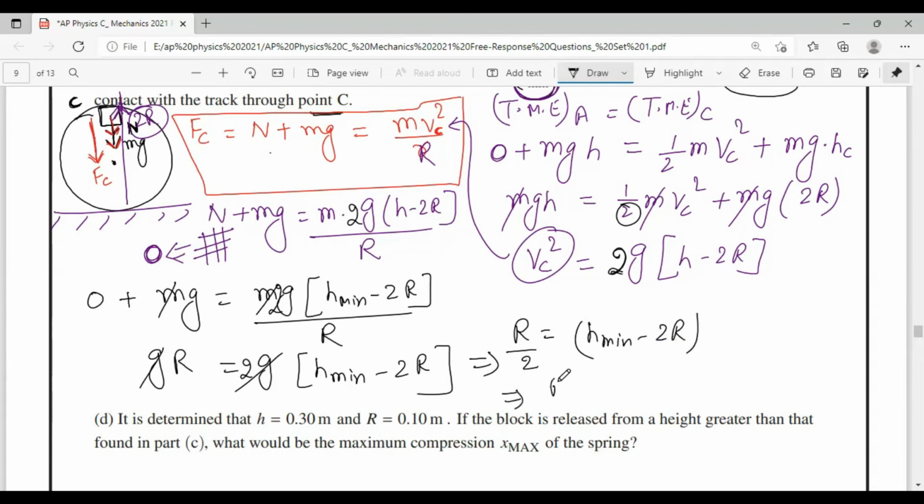So we will get r by 2 plus 2r is equal to h minimum, that is equal to 2.5 r. So the minimum height is 2.5 r, so that it will lose contact at point C, since we have taken normal equal to 0.